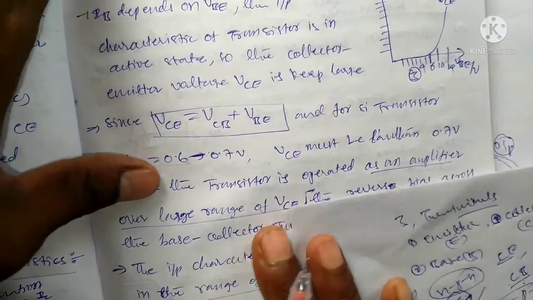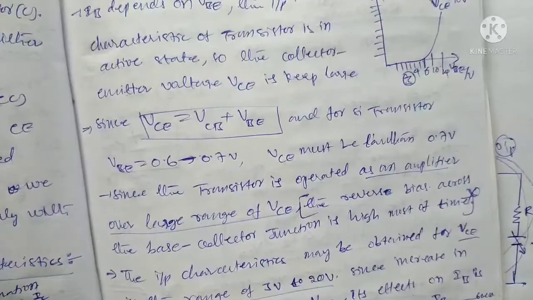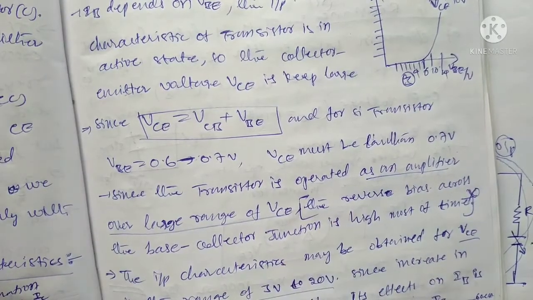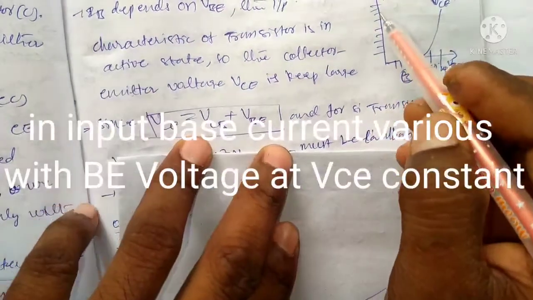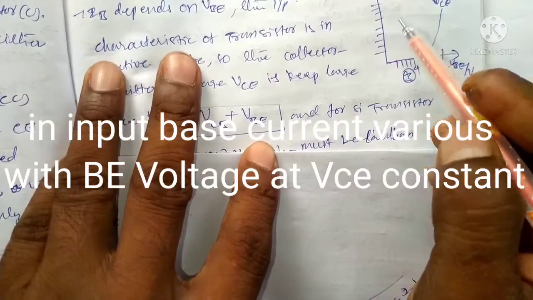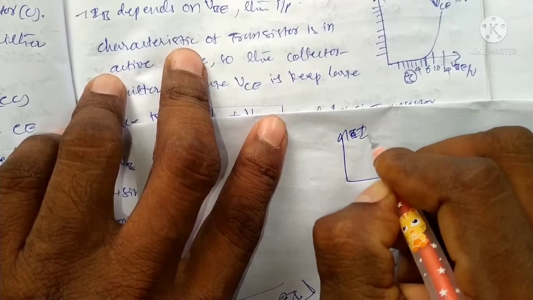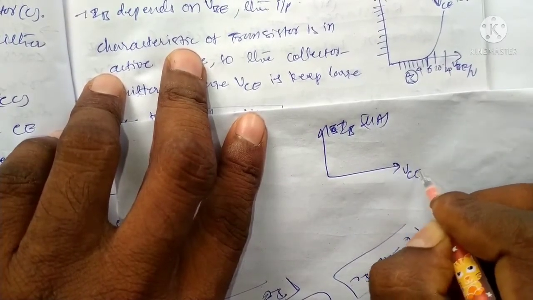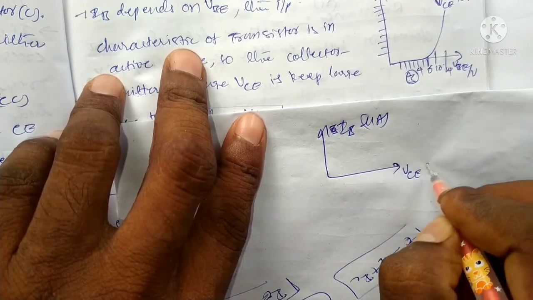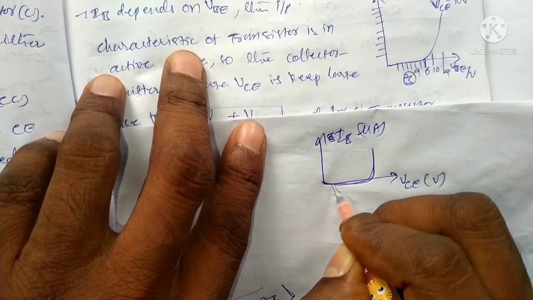Now we discuss the graph of the input characteristics of the CE configuration in the NPN transistor. We draw the graph between the base current IB, in the order of microamperes, and the voltage developed between the base and emitter, in volts.